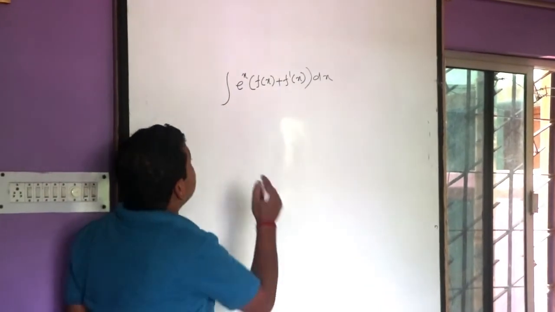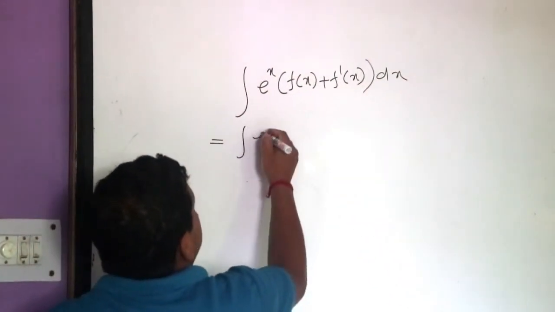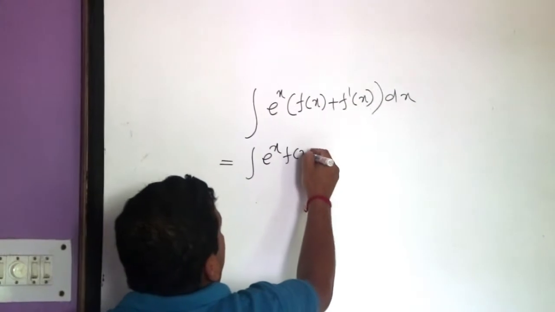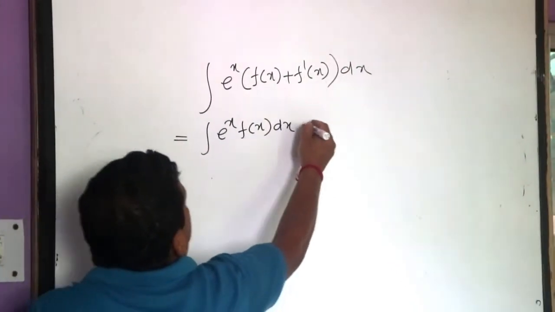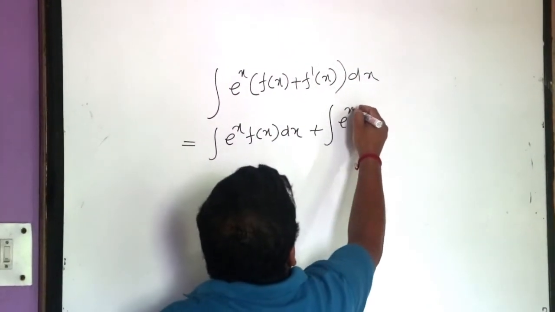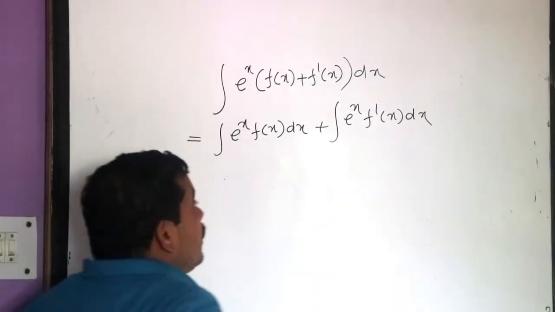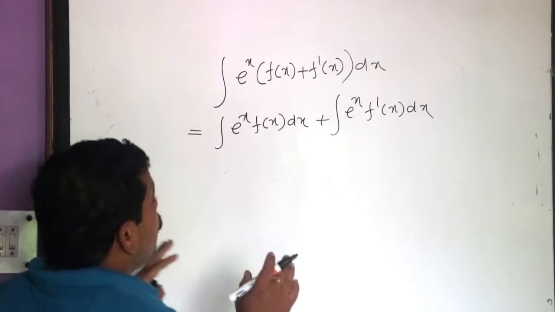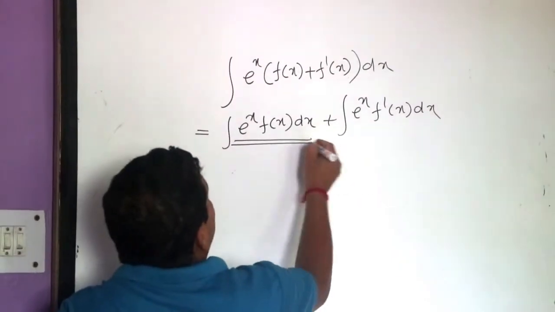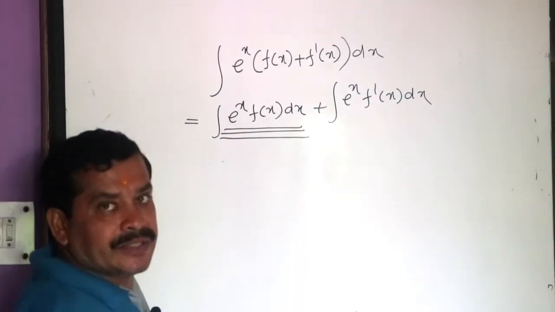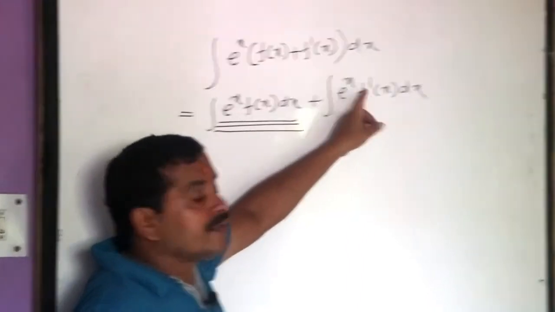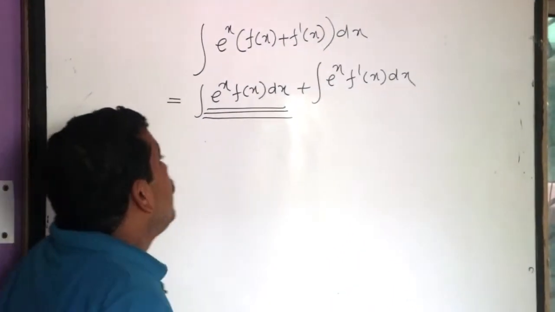In this type of integration, you separate it into e to the power x fx as one and e to the power x into f dash x dx as the second. Then you evaluate this part by using integration by parts, and this type of integration will be fixed.